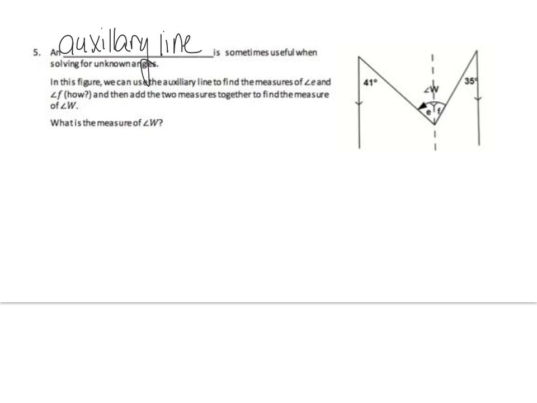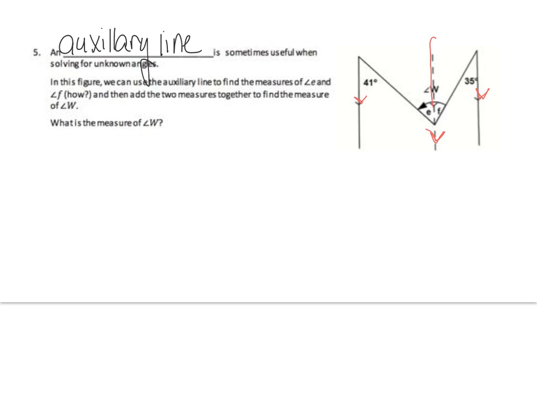How does that work out? Okay, so we're going to use this auxiliary line, because this auxiliary line is also going to be, let me get a red pen out. We have parallel, parallel, and parallel.